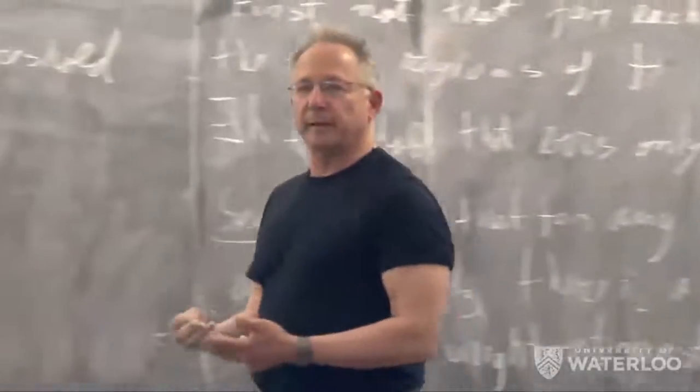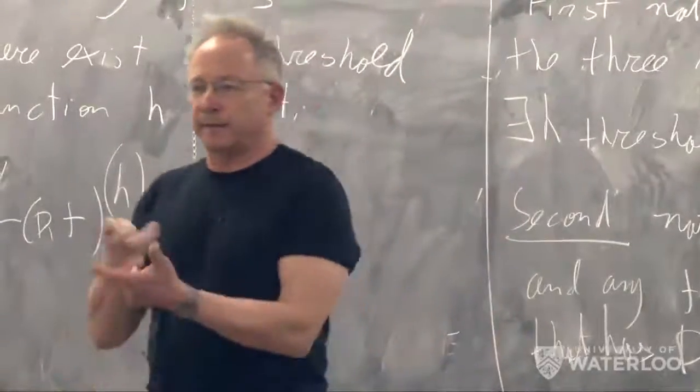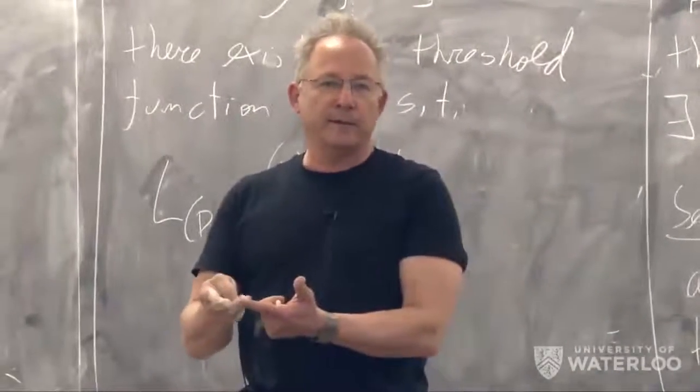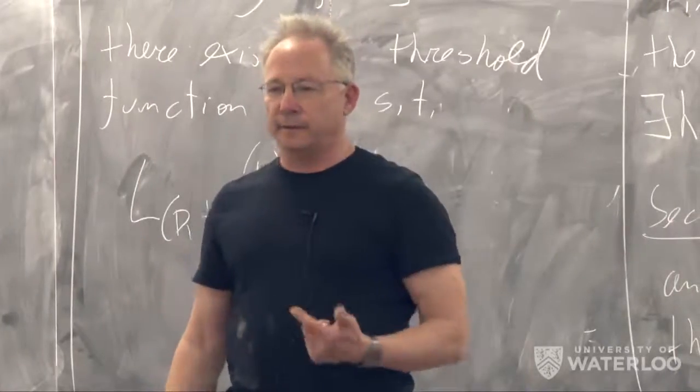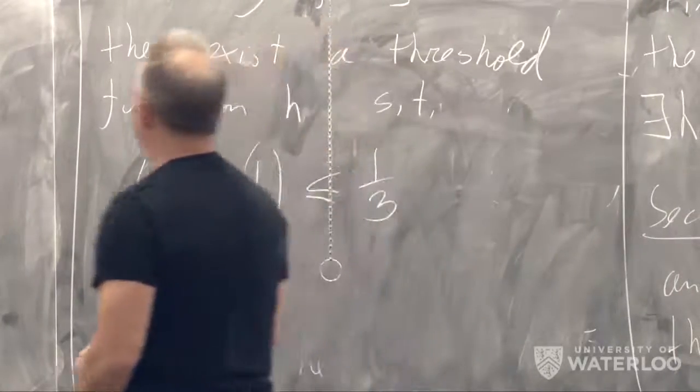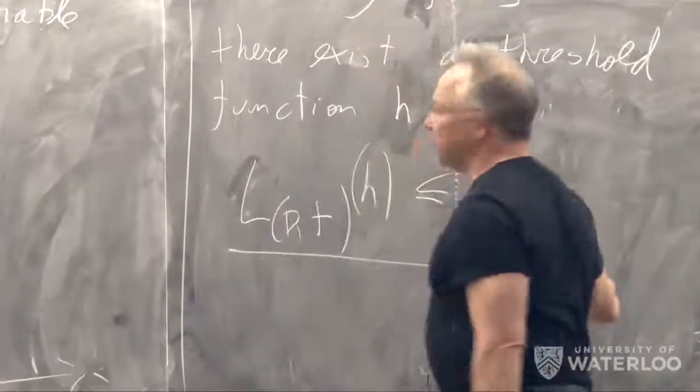So the ERM will just pick the third that weighs the least, and I can then find a threshold that will err only on this third. And therefore, my error will always be at most a third, which is a weak learning algorithm.